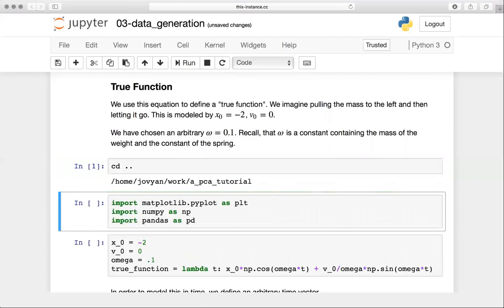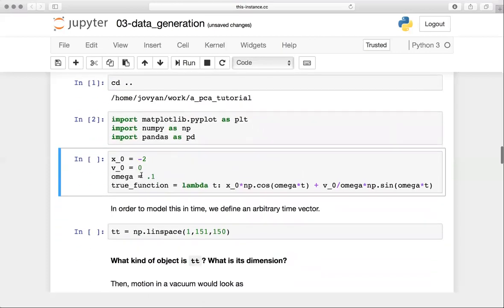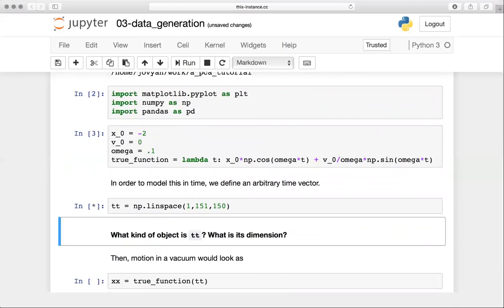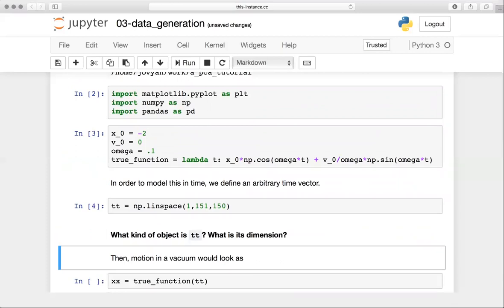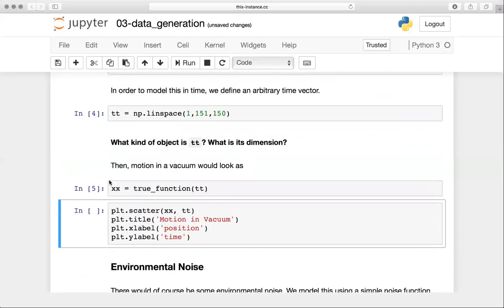So let's go ahead and plot this true function. We've got it right here. We set an arbitrary omega. We say the initial velocity is 0, and the initial position is -2. So I pull the spring to -2. We generate a vector of x values from a vector of time values, and then plot those.